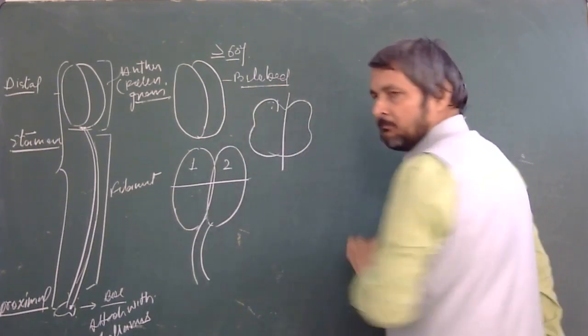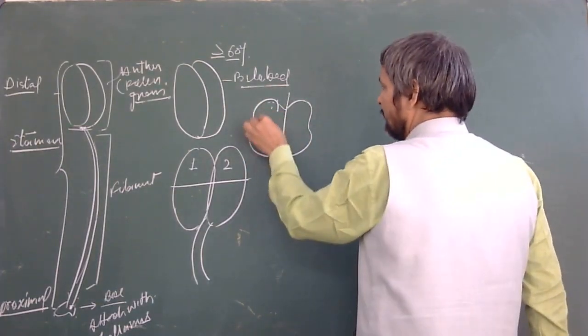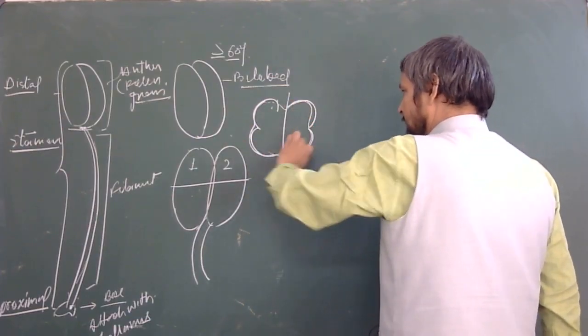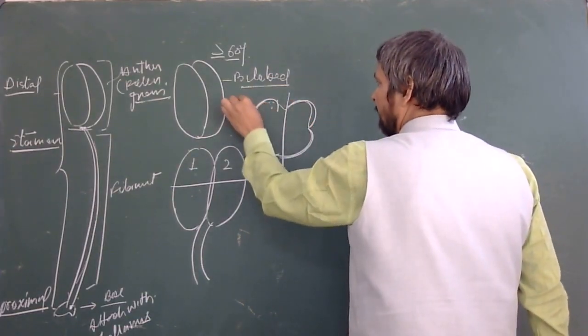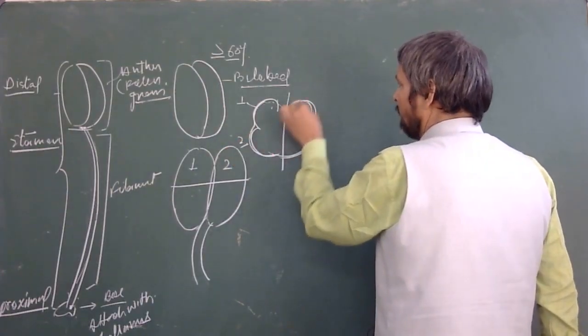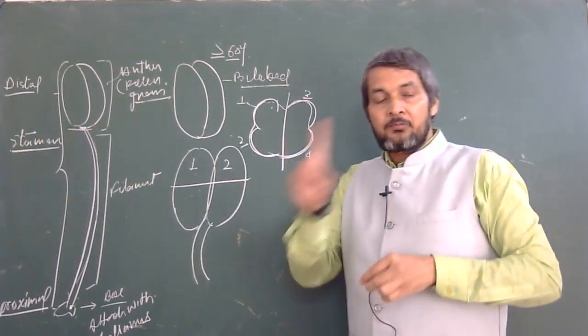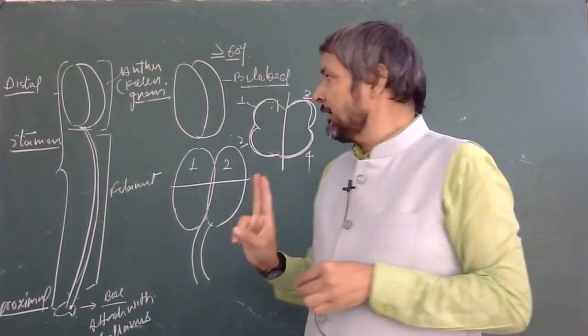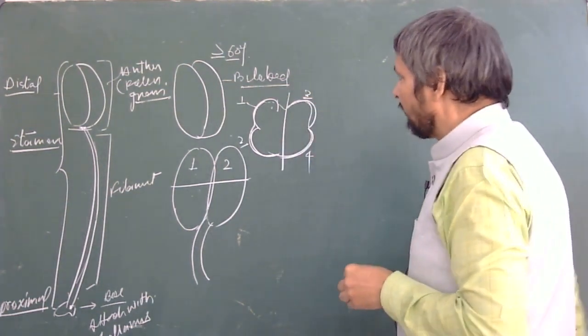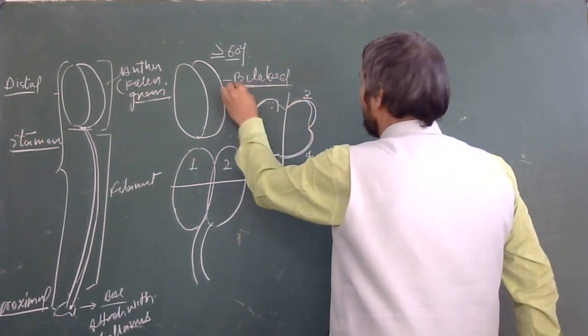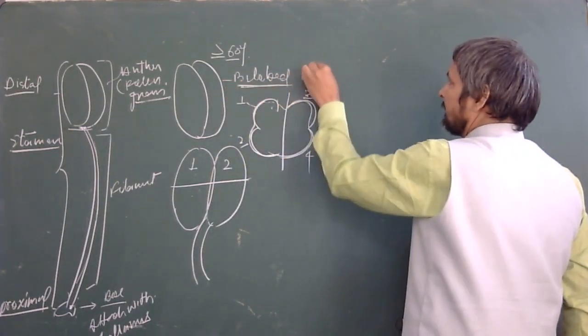These are two lobes and every lobe has two theca. You can look: 1, 2, 3, 4. So every lobe of the anther has two theca. So the typical angiospermic anther is known as bilobed and dithecous.